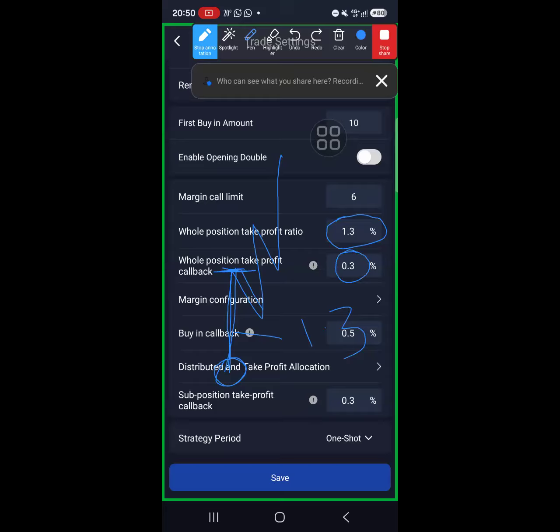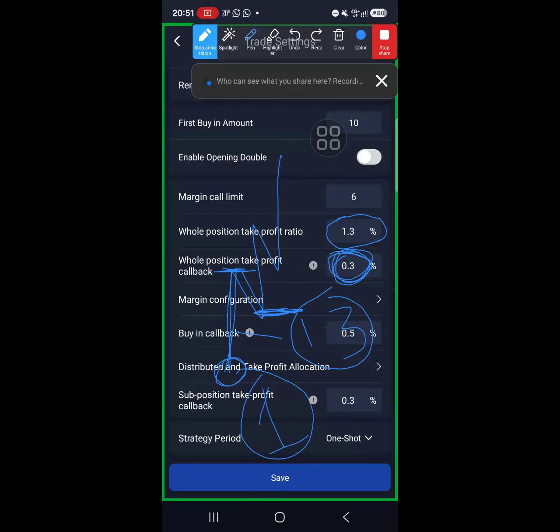In short, we just call it a callback. Okay? So your profit is going to drop by 0.3, and then the actual selling will happen here after this has dropped. So initially, you are collecting 1% because 0.3 is gone. You are remaining with 1.3. I mean 1%, sorry. Okay?